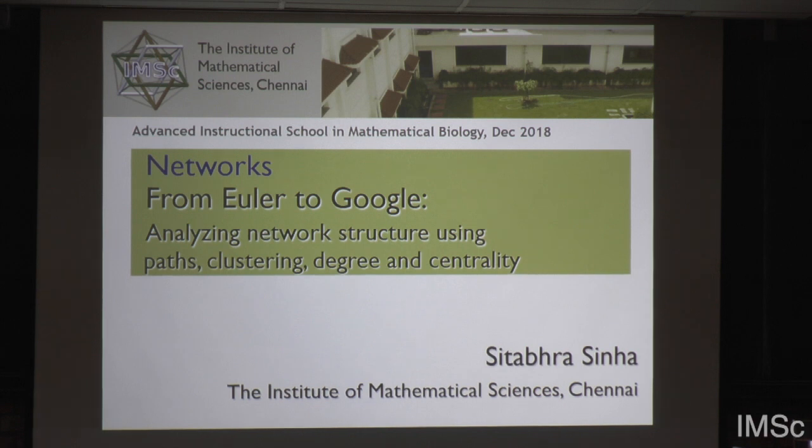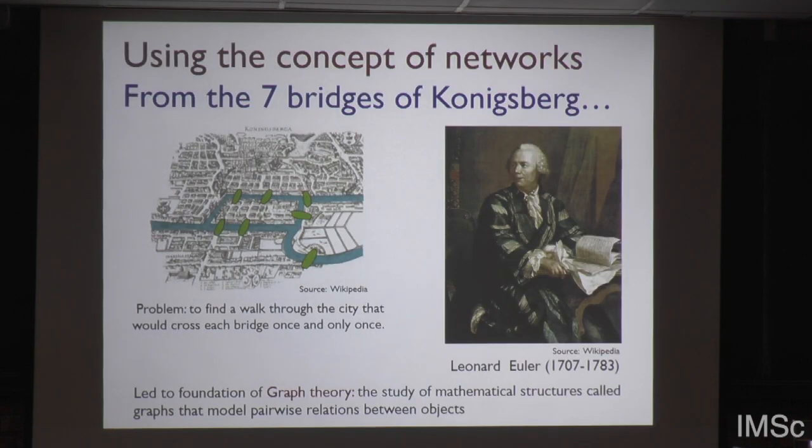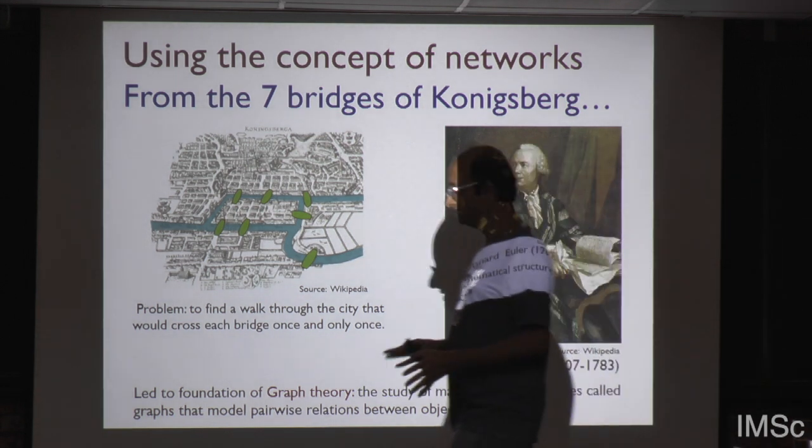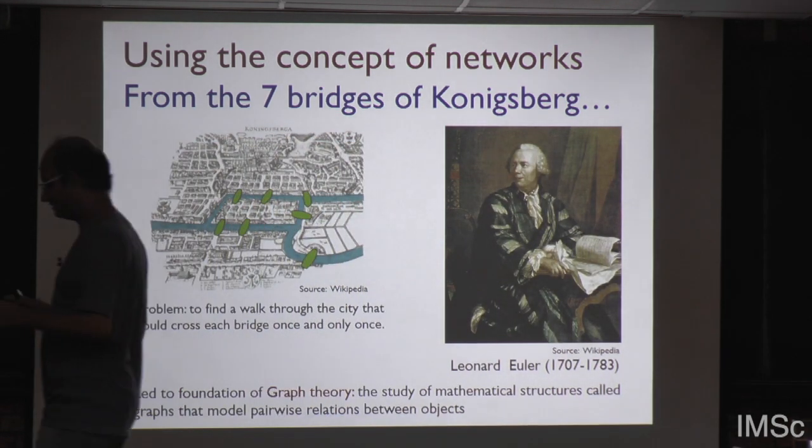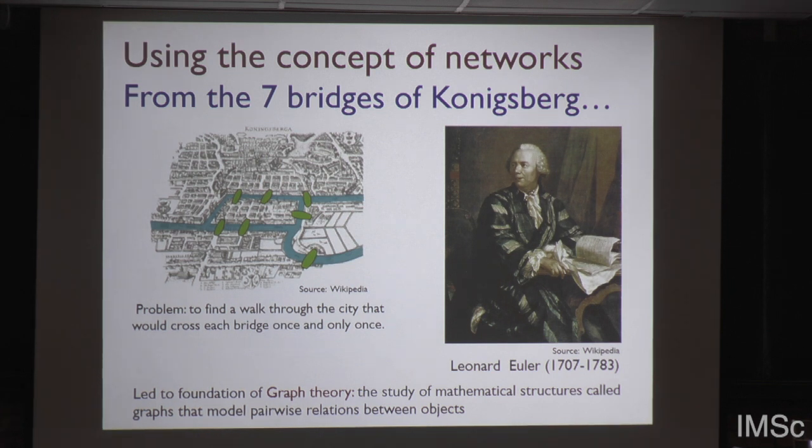Of course, although networks appear to be a rather new subject, its roots go back an extremely long time. In fact, we trace it all the way to Leonhard Euler, who lived in the 18th century. Network science is said to be born from Euler's attempt to solve a particular problem called the bridges of Königsberg.